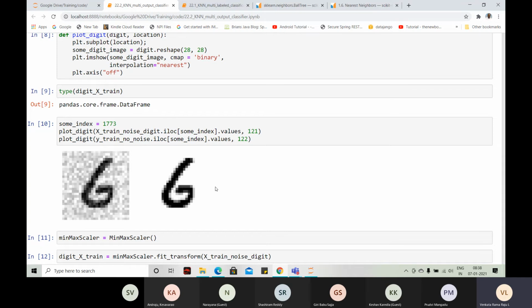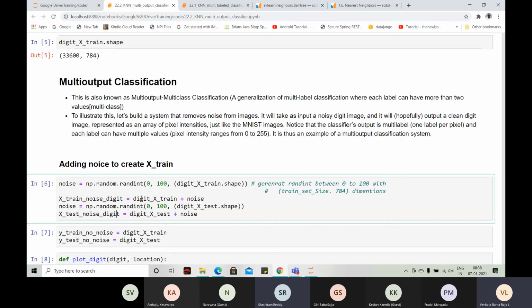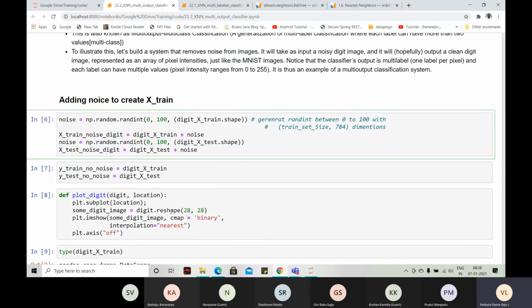So I took a neat document, added noise and created a blur document. So I have the blur document and the corresponding neat document. I can pass this as X, this as Y, and build a model which will be useful to unblur the existing documents.